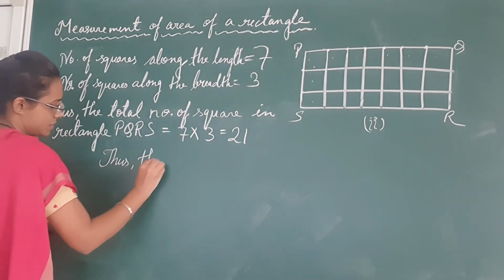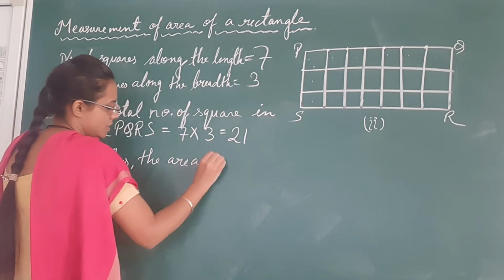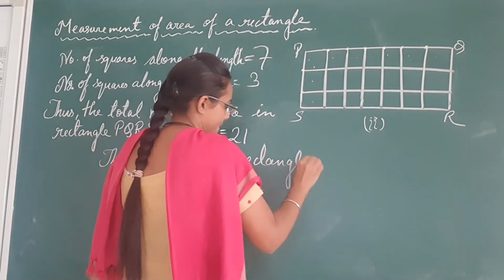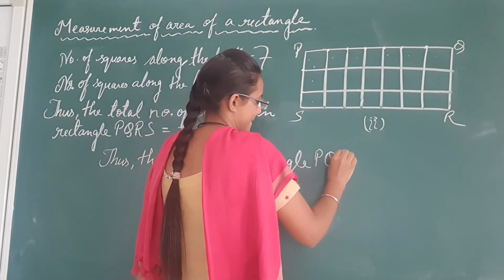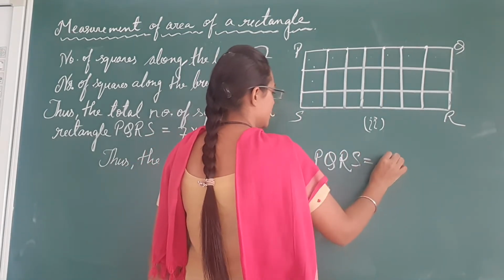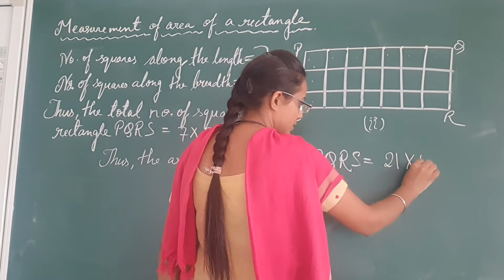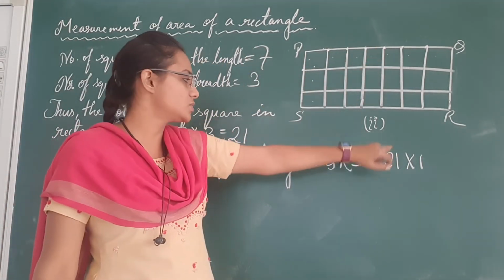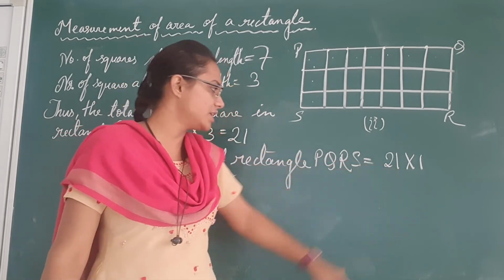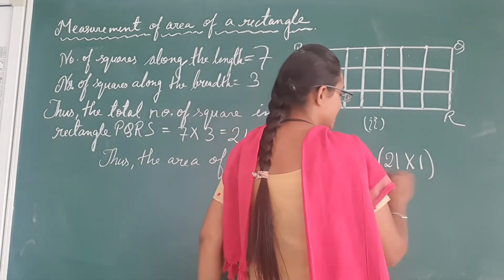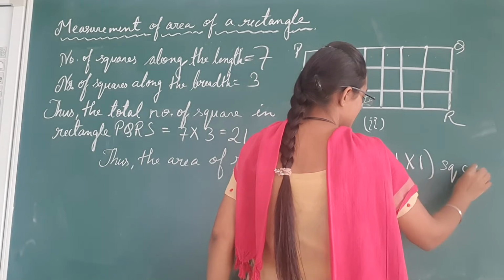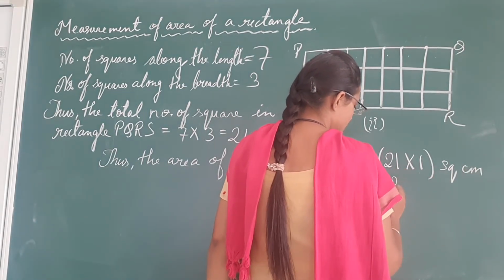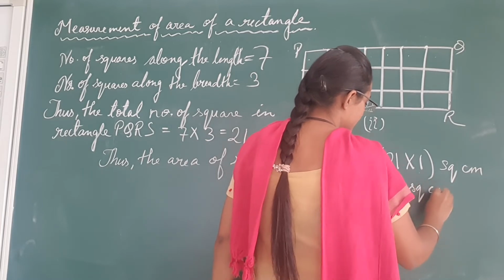Thus the area of rectangle PQRS is equal to 21 squares, 21 squares written into 1 square centimeter, as this is a unit. So that will be equal to 21 into 1, 21 square centimeters is the area.